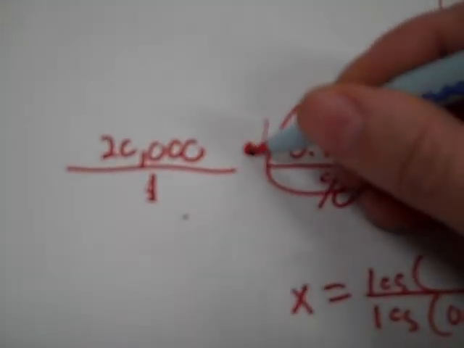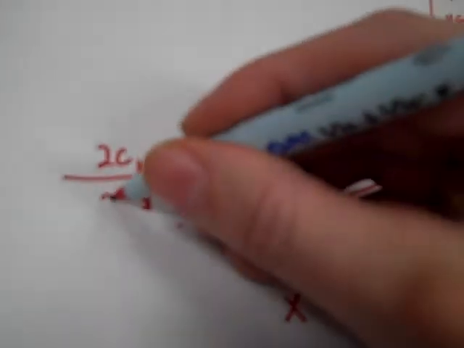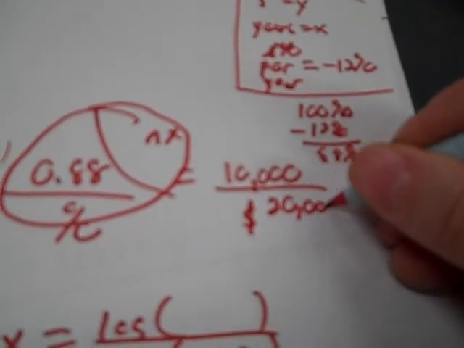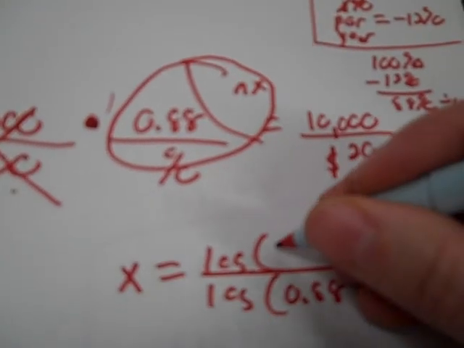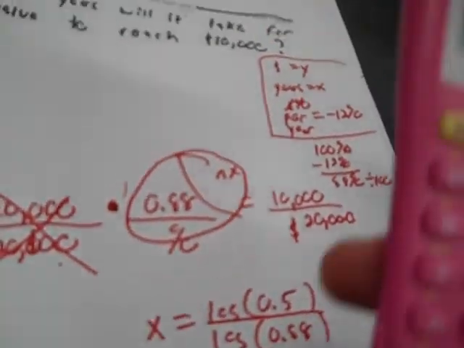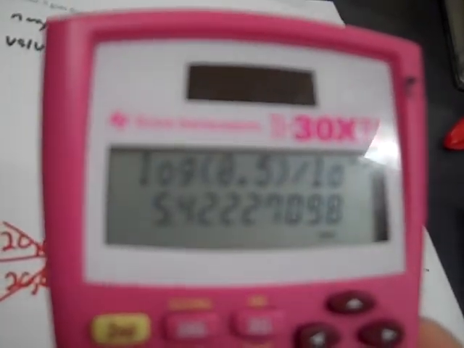It is multiplied. The opposite of multiply is to divide. So if you divide there, it cancels. Divide 10,000 by 20,000, it's 0.5. It's not 2, okay? So I take log 0.5 divided by log 0.88. Okay, I got 5.4.